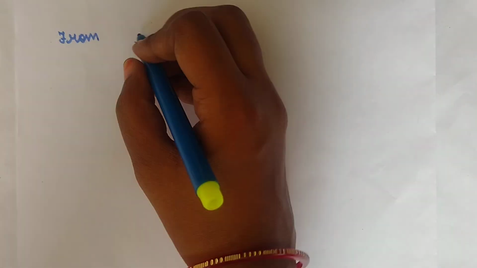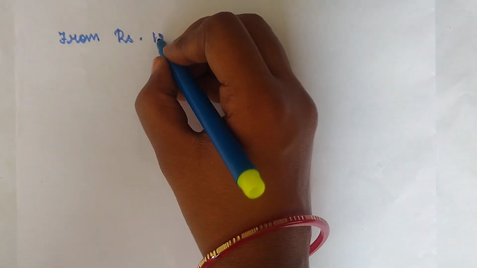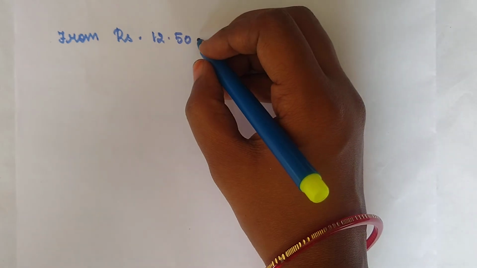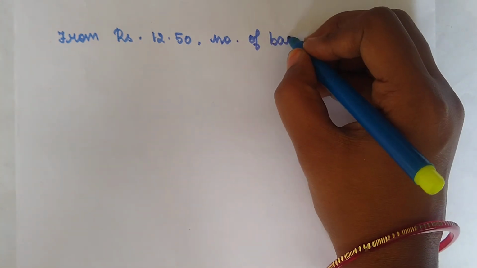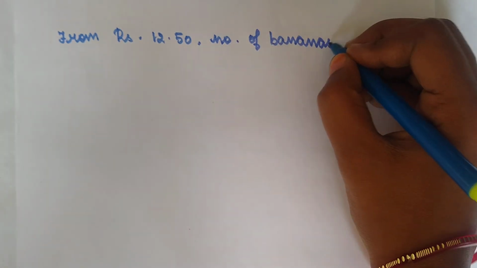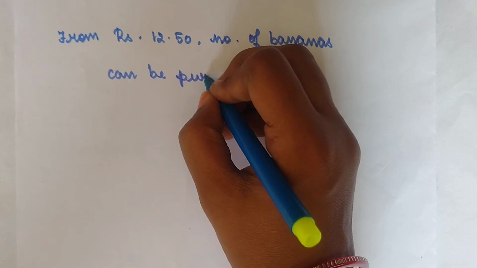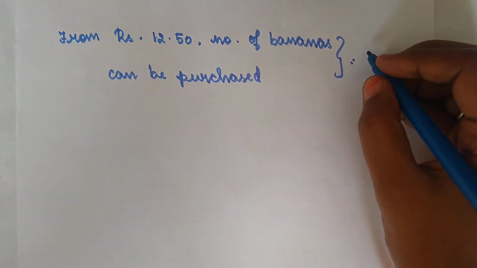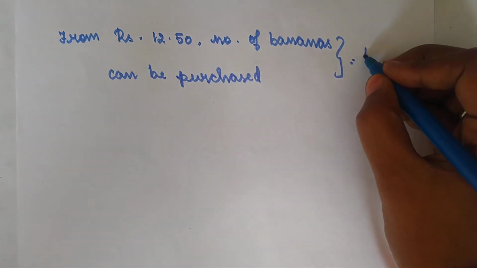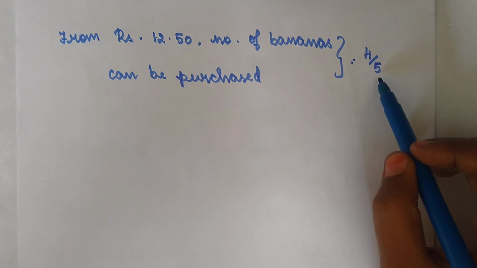Next we find from rupees 12.50 the number of bananas that can be purchased equal to 4/5, because from rupee 1 the number of bananas that can be purchased is equal to 4/5.